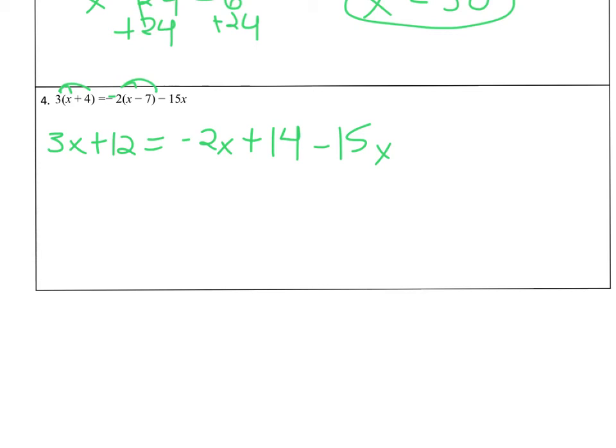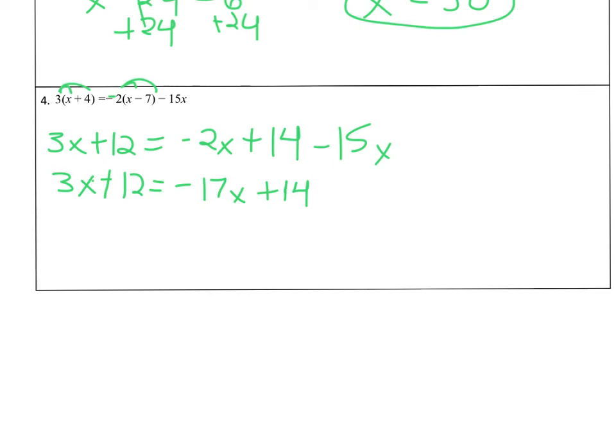So from there, I instinctively know that on the right-hand side, I've got like terms I need to simplify. So I'm going to write out each step to make sure that I'm not missing anything in my work. On the right-hand side, my like terms, negative 2x and negative 15x, combine to be negative 17x plus 14. And then again, it's a lot like our last example, where we're going to add or subtract something from both sides.